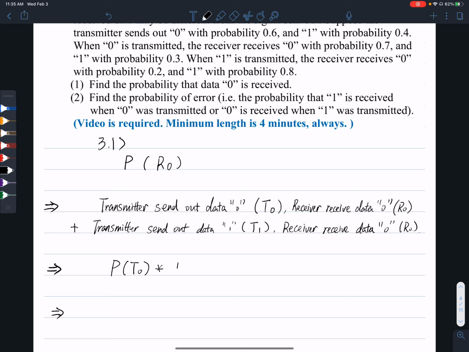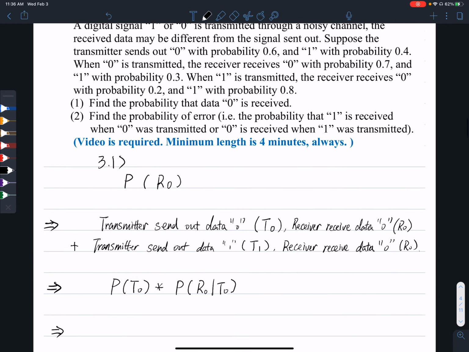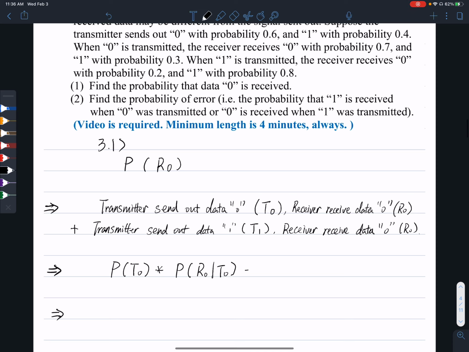So it's the probability that the receiver receives data 0 depends on the transmitter sending out data 0. And similar for the second part, plus the transmitter sends out data 1, and the receiver receives data 0 on the condition the transmitter sends out data 1.